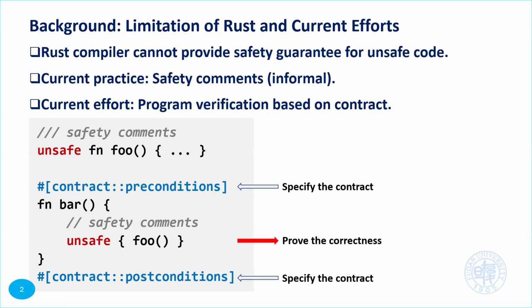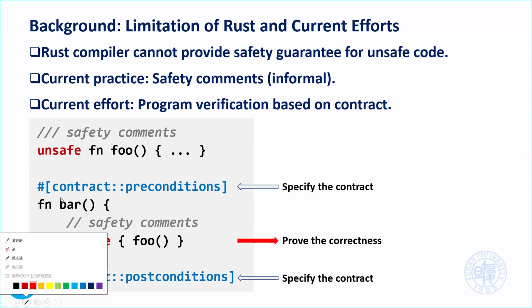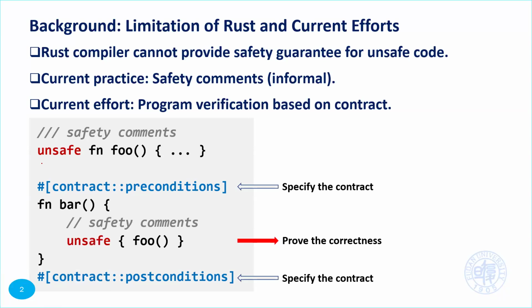Currently, Rust is unable to provide any safety guarantee related to unsafe code. The best practice is to use safety comments.